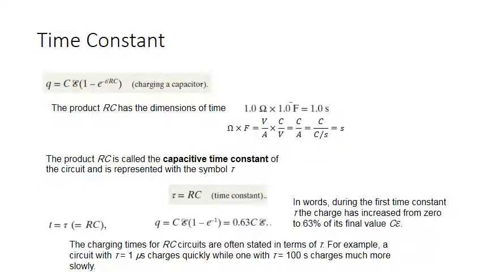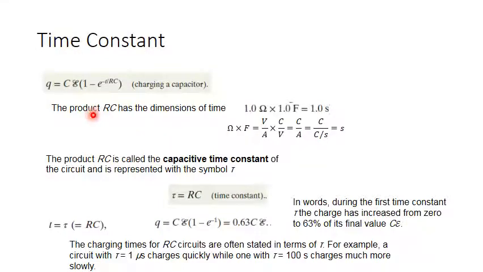Let us go back to the equation of the charge as a function of time. We find that Q equals C multiplied by E multiplied by 1 minus e to the power minus t over RC. Let us stop at this combination RC. The product RC, first of all, has dimension of time.